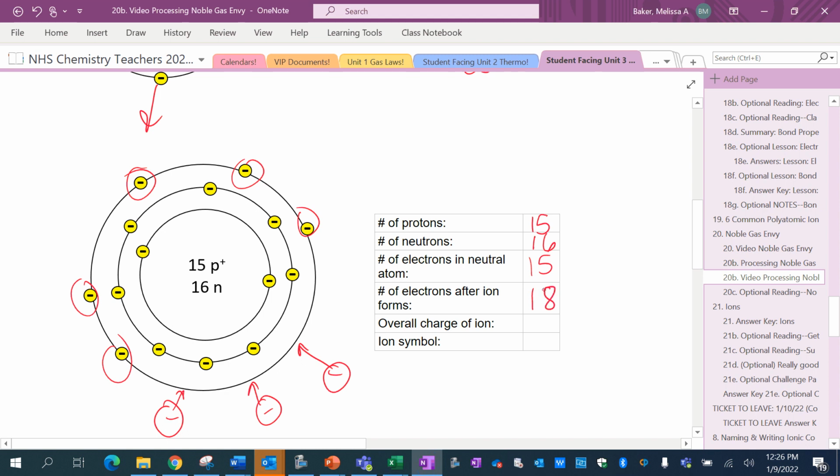And so it will have 18 in its outer shell. And the overall charge, if you've got 15 positives and 18 negatives, you'll have a −3 charge. And so the symbol is P, because P is number 15, P3−.